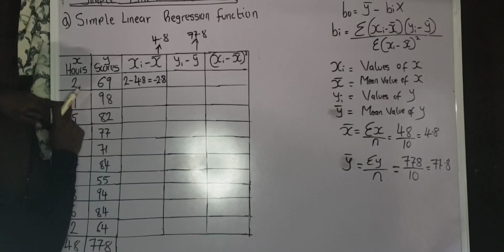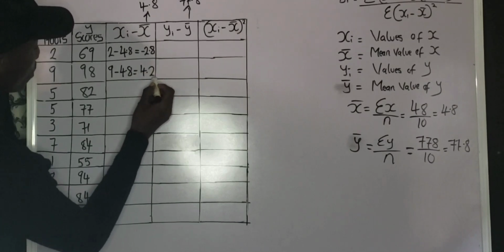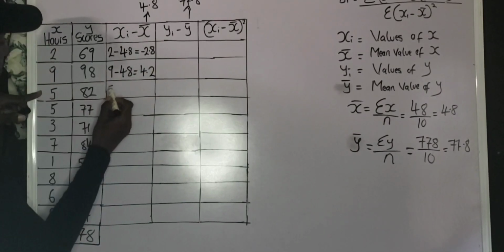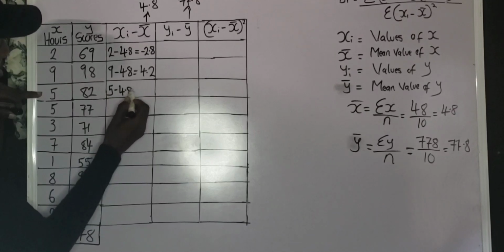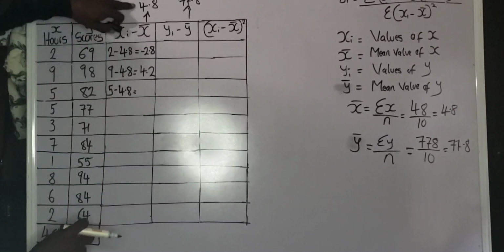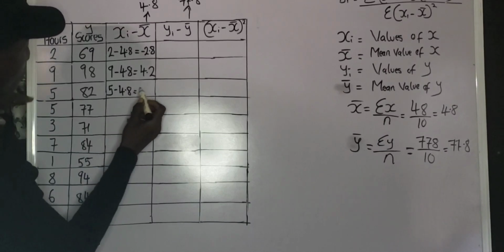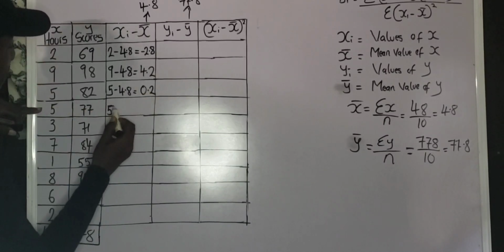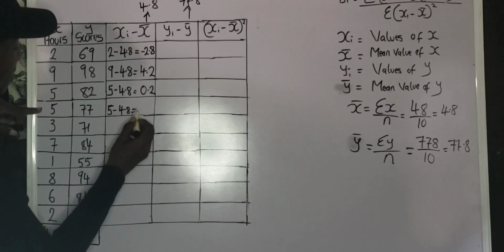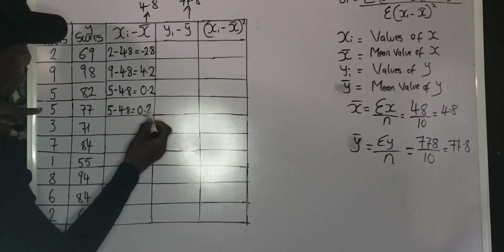So 9 minus 4.8 is 4.2. For these cells, I'm going to have 5, the value of x here, minus 4.8. Don't forget, the 4.8 is the mean value of x. So 5 minus 4.8 is 0.2. This also is 5 minus 4.8, which is 0.2, you understand?